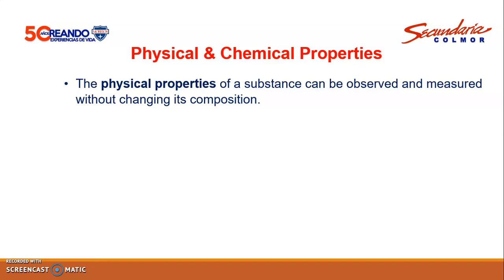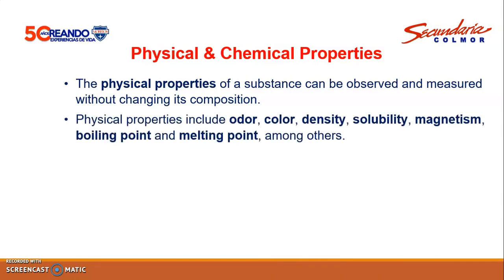Anything that you cannot observe with your senses is not a physical property, right? Then, these physical properties include odor, color, density, solubility, magnetism, boiling point and melting point, among others. We're going to see some of these physical properties today in more detail.